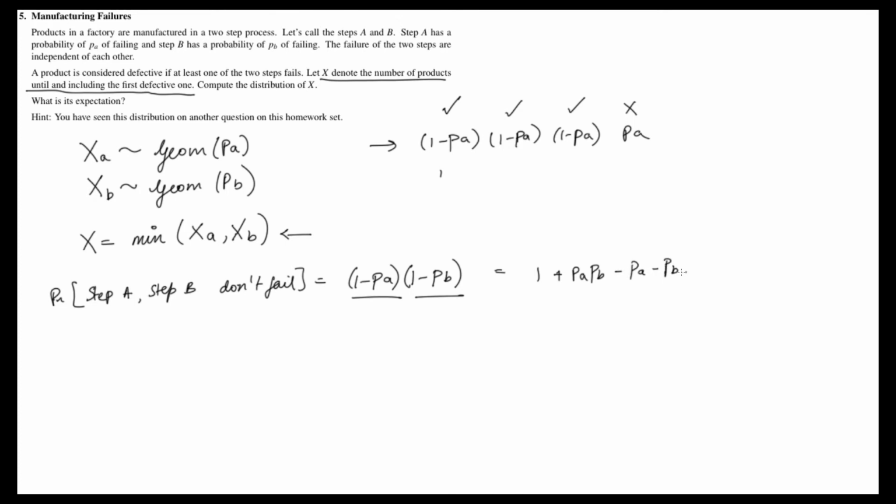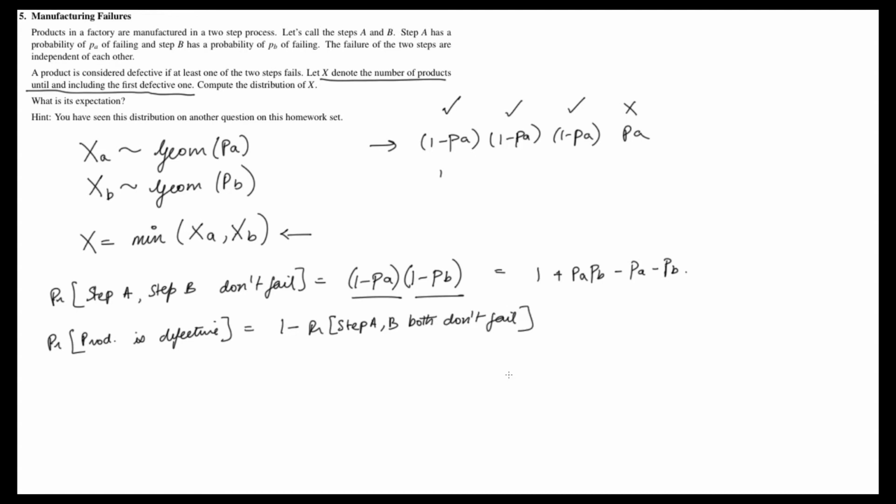So what's the probability that the product is defective at any given turn? So that is 1 minus the probability that step A, B both don't fail, which is just what we calculated, right?